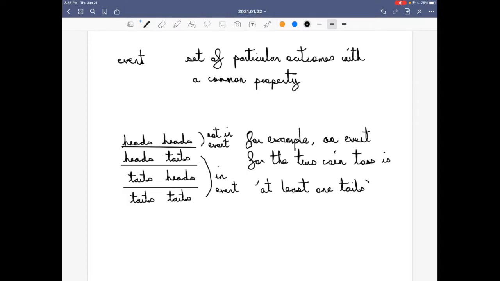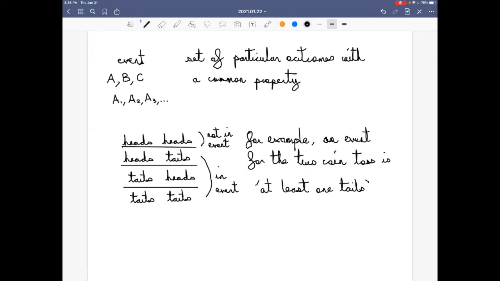So events are much more important than sample spaces, so we'll commonly use letters like A or B or C for events. We may list them out like A1, A2, A3, like that.